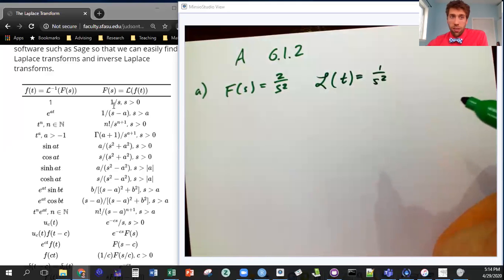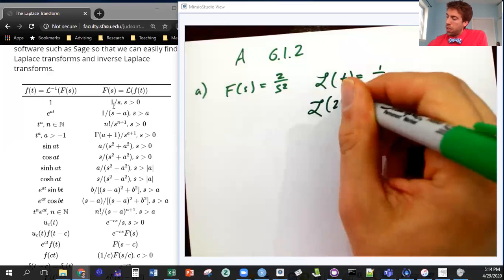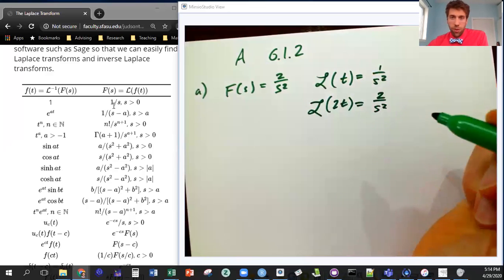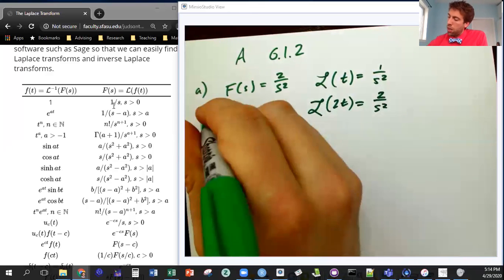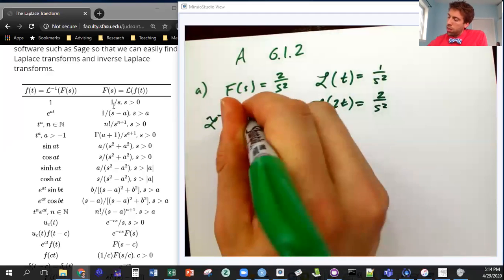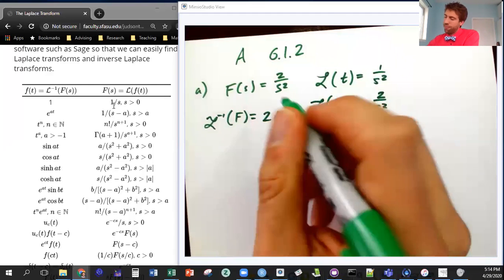Okay, and the Laplace transform is linear. So the Laplace transform of 2t would then equal 2 over s squared. So that means the Laplace transform inverse of F equals 2t. And we're done.